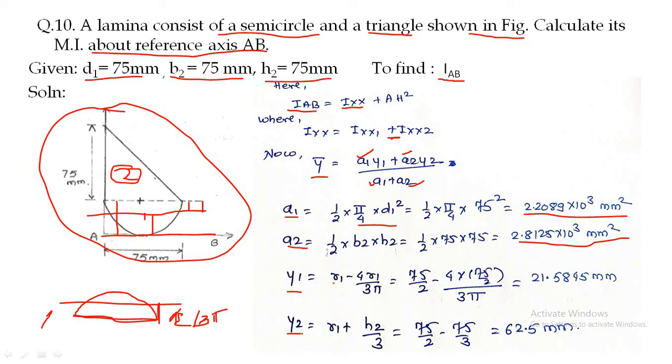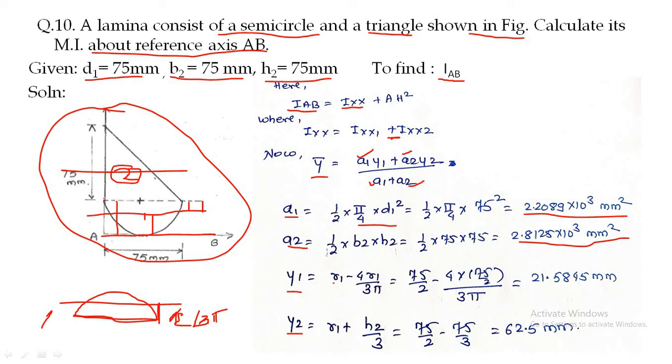What is y2? Y2 is the distance of the horizontal central axis of the second plane from the bottommost part. Now we know that for any triangle, the centroid, or the horizontal central axis, lies at a distance of h by 3 from the base.